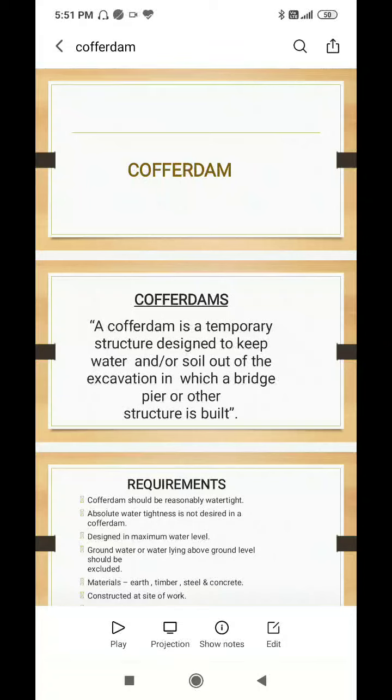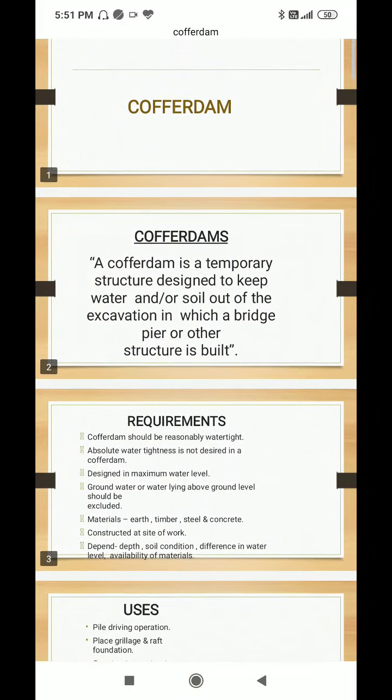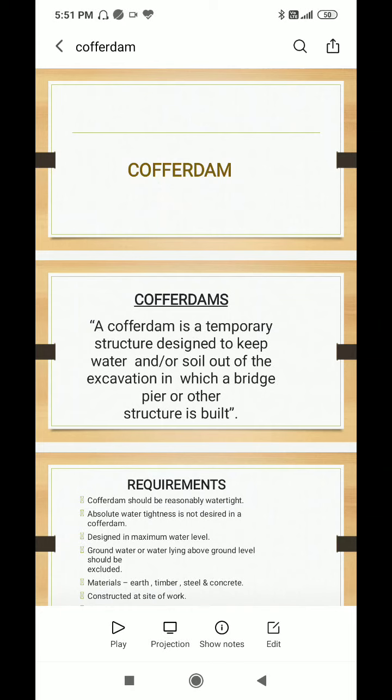Hello everyone, let's start the topic cofferdam. What is a cofferdam? A cofferdam is a temporary structure which is built in a river and lake etc. to remove water from an area, making it possible to carry on construction work under reasonably dry condition.